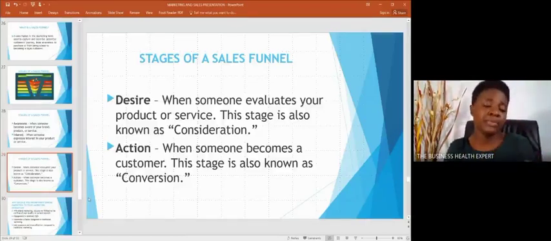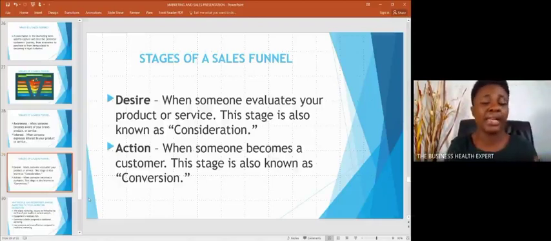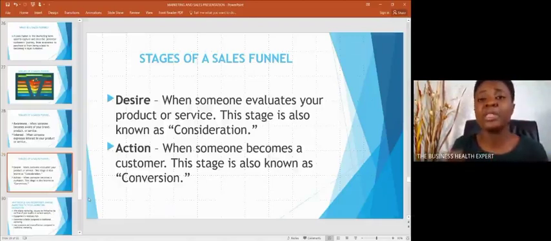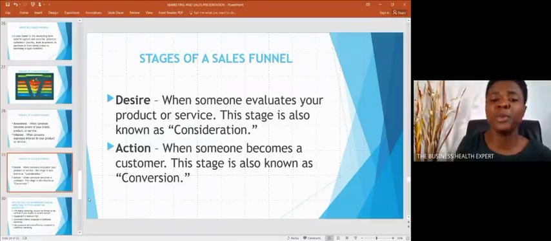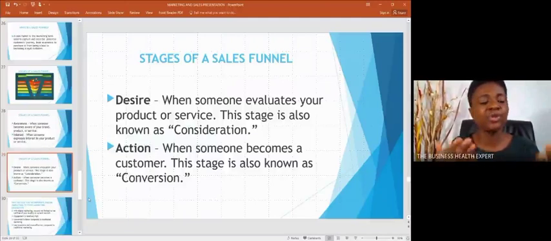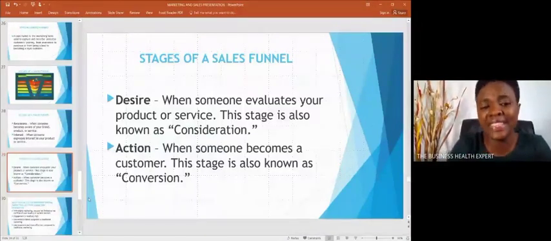I start reading the Nivea product and checking it out. I try to smell it if it's something I can smell, or if it's a food, a new KFC product or Chicken Republic product, I try to read their banner on what I stand to gain if I eat it. So that's consideration, or I get to have the opportunity of tasting it.